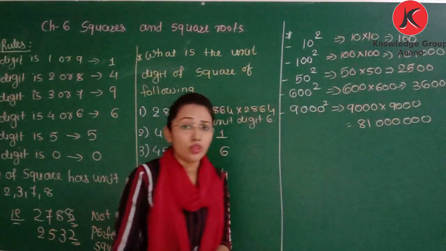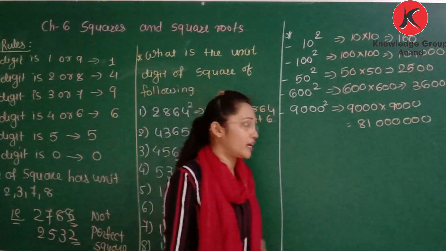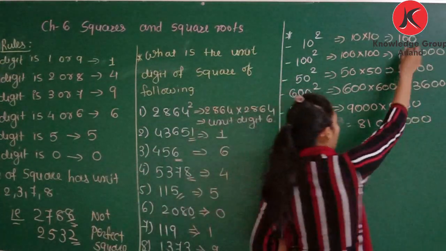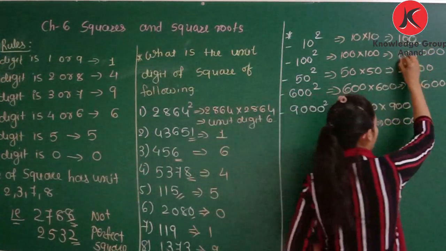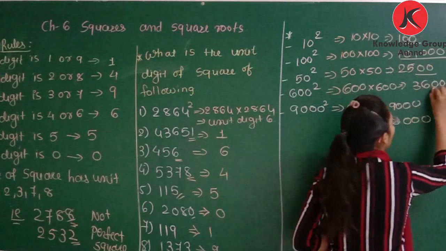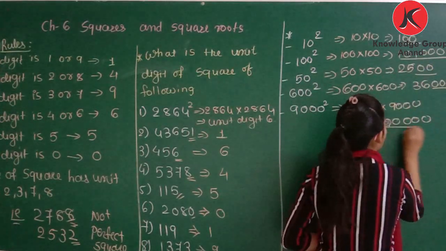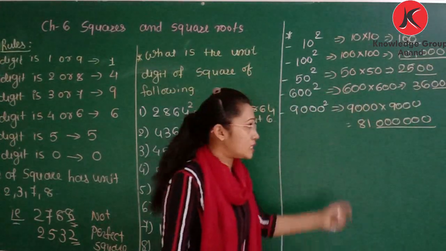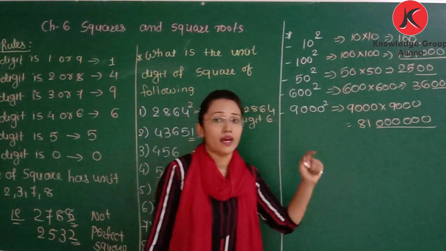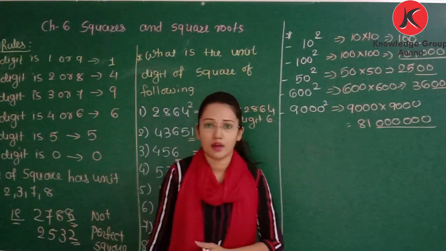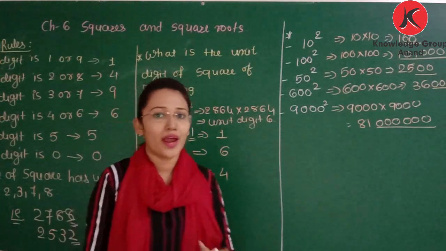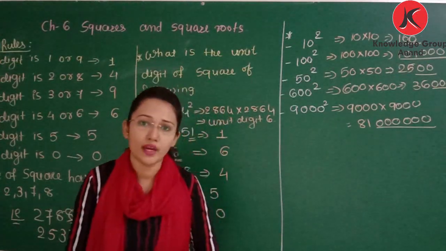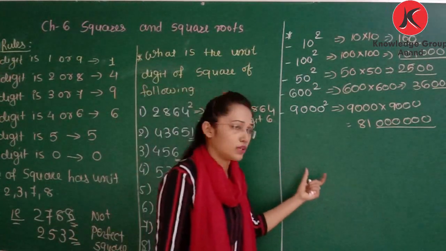So now count the number of zeros of a square number. Here number of zeros are 2. Here number of zeros are 4. 2, 4, 6. Means number of zeros at the end of any square number will be always even.